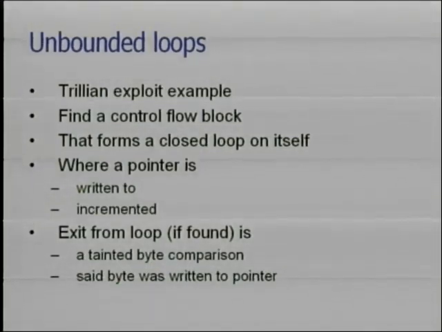So this is what we use to find loops. We find something that's closed on itself, and there's a pointer. This pointer is being used for two things. It's being used to write out a value, and it's also being incremented. The exit from the loop is a tainted byte comparison, so there's some user input involved in it.